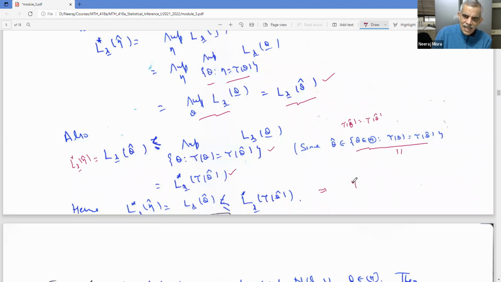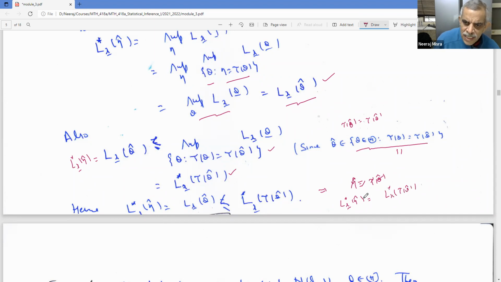So that means eta hat would be the same as tau theta hat. So in fact, what it says is Lx star eta hat is the same as Lx star tau theta hat.